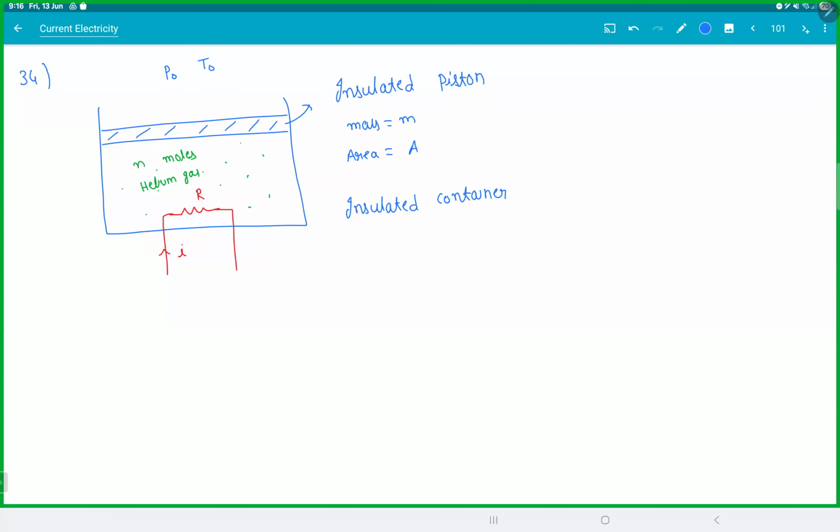Now what is observed when this current is passing through this? The gas gets heated. When the gas gets heated, the pressure increases. Pressure increases, it pushes the piston out. And it is observed the piston moves out with a constant speed.